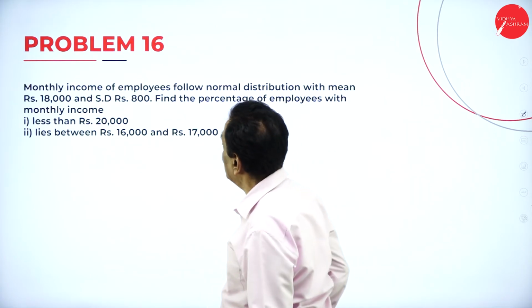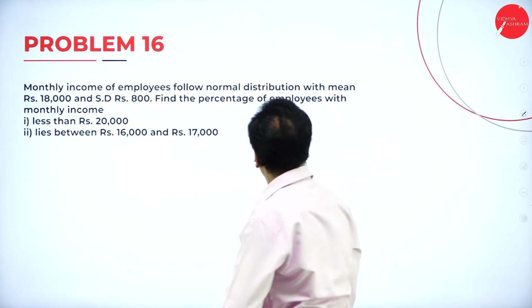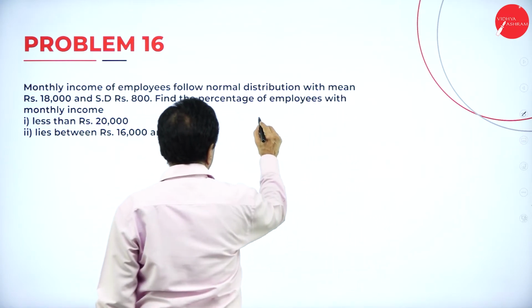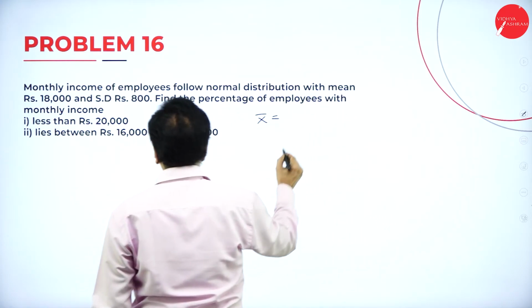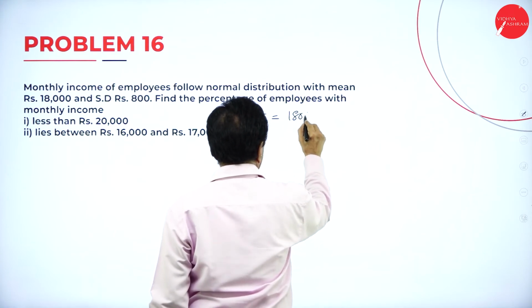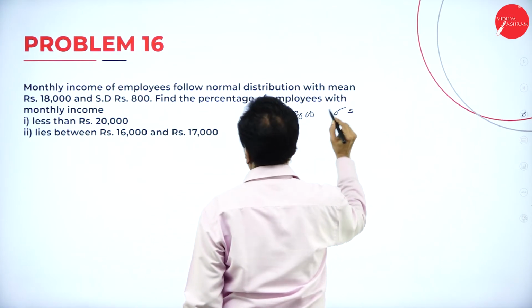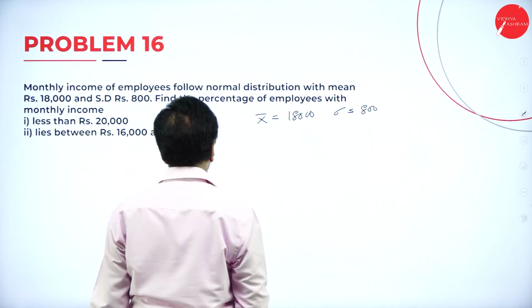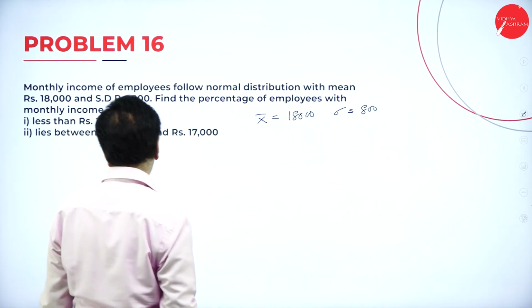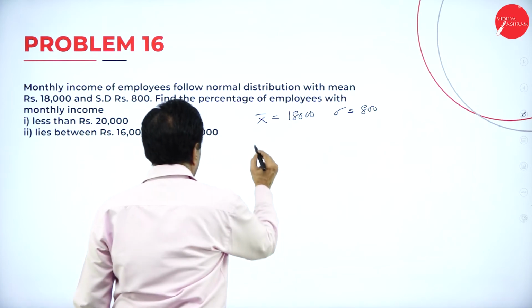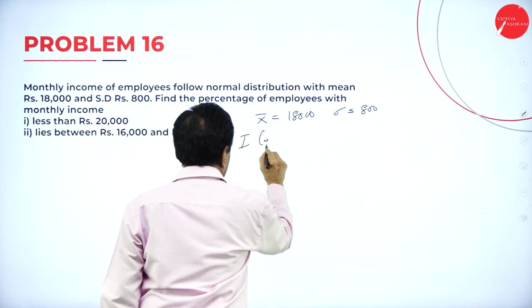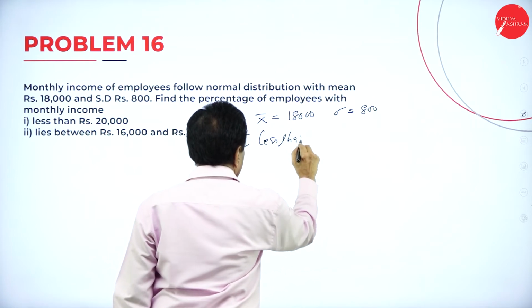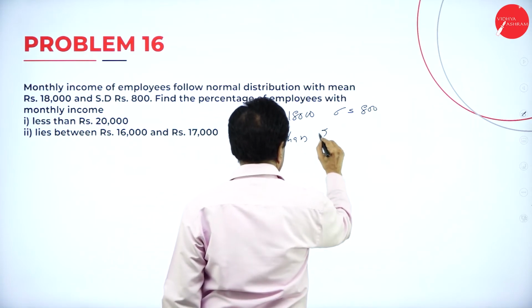The monthly income of employees follows a normal distribution with mean 18,000 and standard deviation 800. Find the percentage of employees with monthly income less than 20,000. Number 1, less than 20,000.